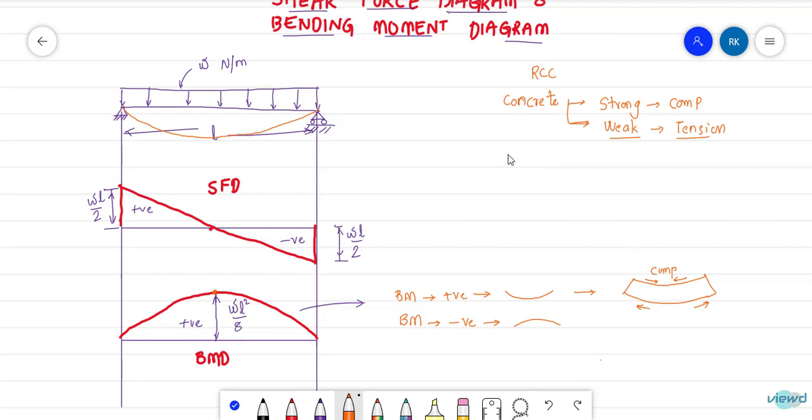So more reinforcing is needed. This is because steel is strong in tension, so more reinforcing is needed downwards. This is the center of the beam and more reinforcing is needed.